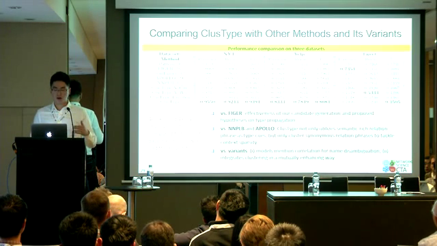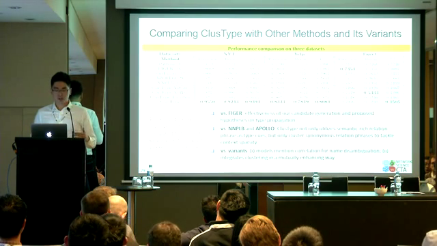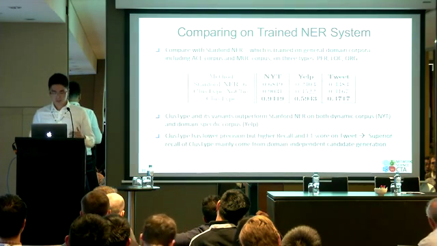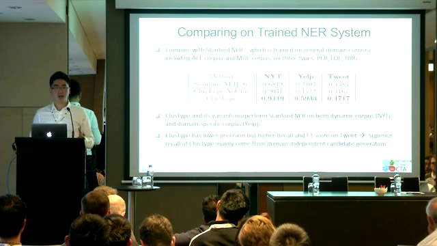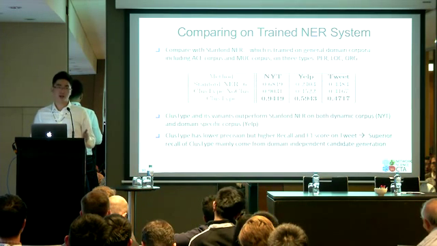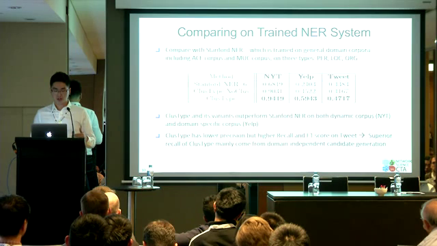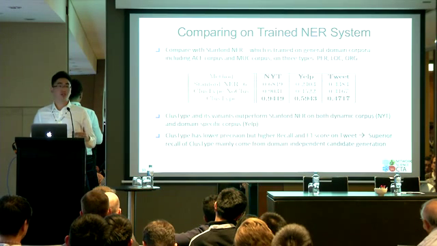That's the power of our entity candidate generation as well as the disambiguation technique. We also compare with the traditional NER system on different corpora, including the general-domain news corpus, as well as the two domain-specific corpora. So we still have very large improvements over the Stanford NER system.